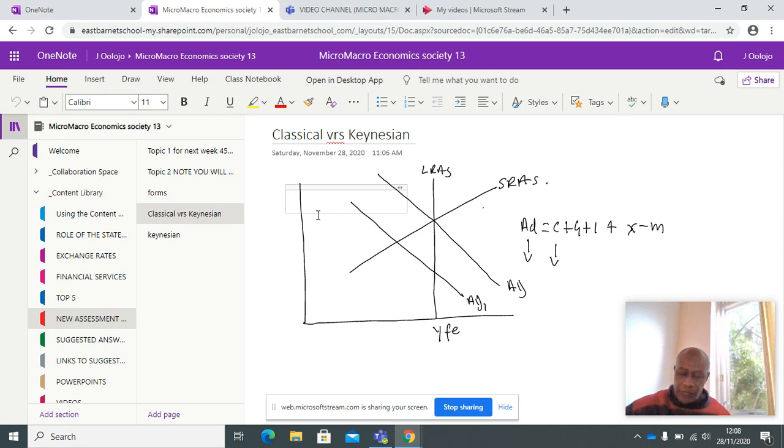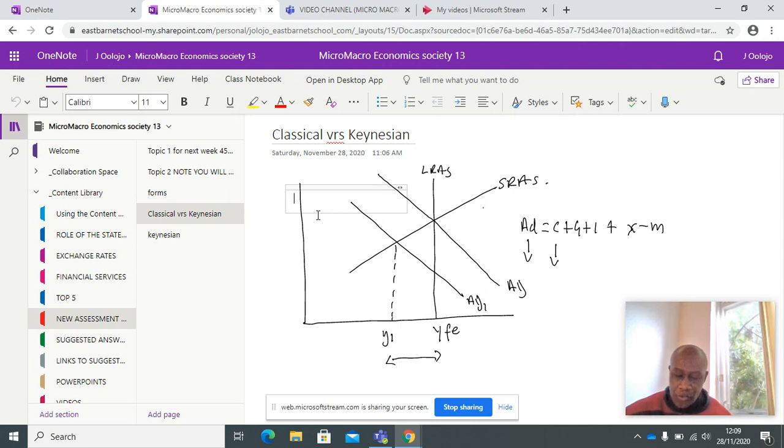Remember, you can see where AD1 is cutting LRAS now, but also where it is cutting SRAS. That's the new position. So you've now gone back to Y1. All of this is what you call a negative output gap. I remember a couple of you wrote that down.